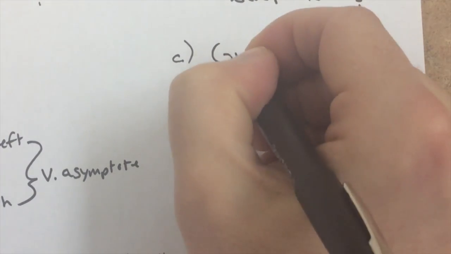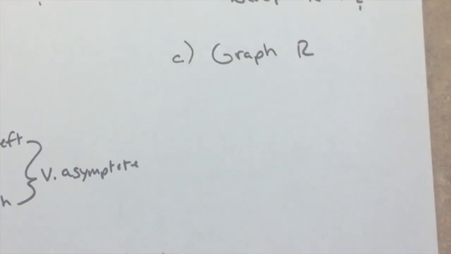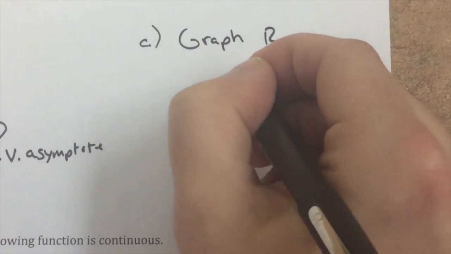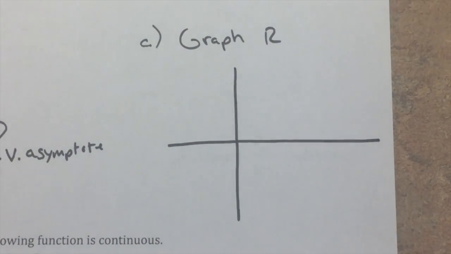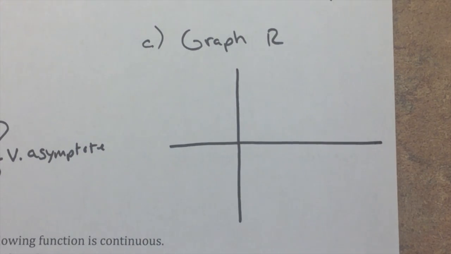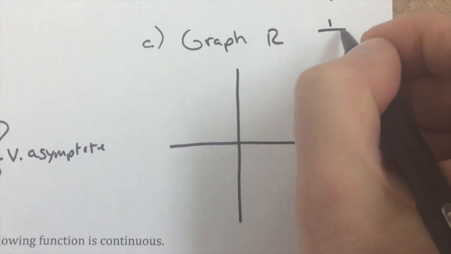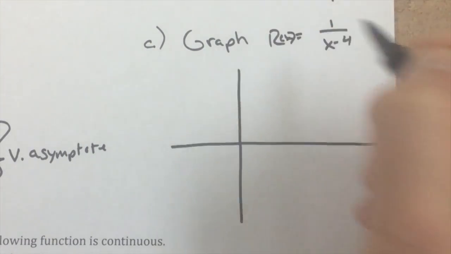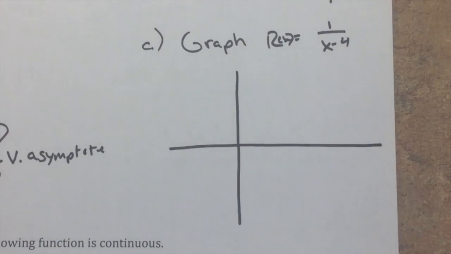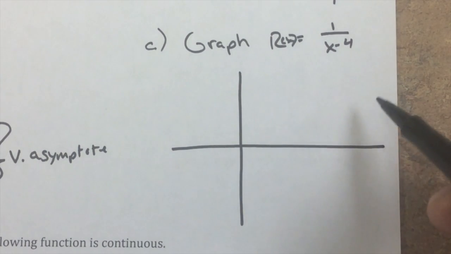With our graph of R, I'm going to skew this just a little bit. We know we're basically graphing 1 over x minus 4 in our simplified version with a hole at 2.